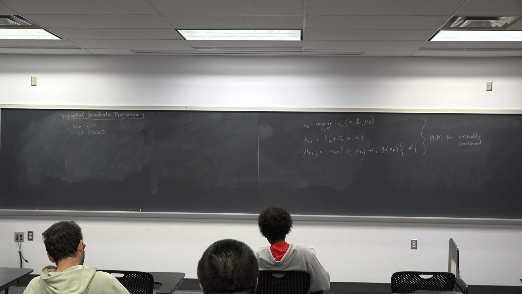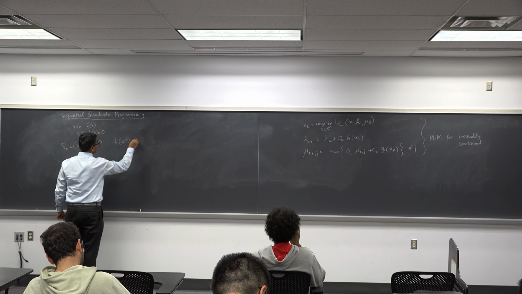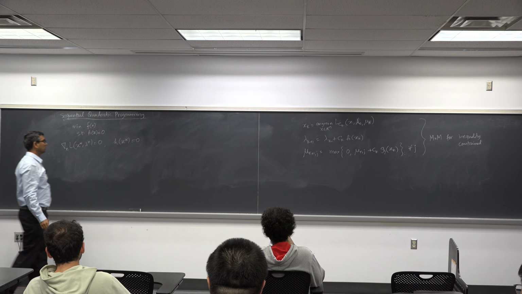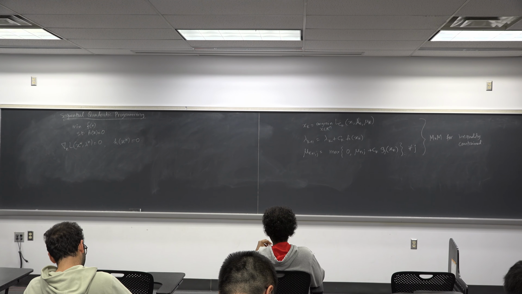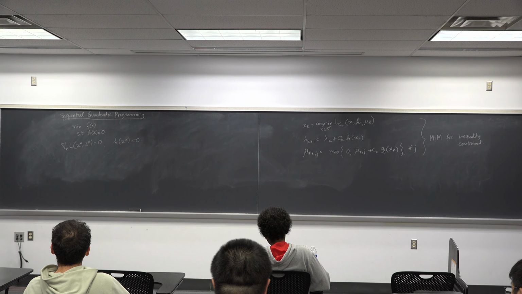What I know is the gradient with respect to x of L at x star, lambda star is equal to 0, and I know that h of x star is equal to 0. So we need to find an x star and lambda star that satisfies these two conditions.